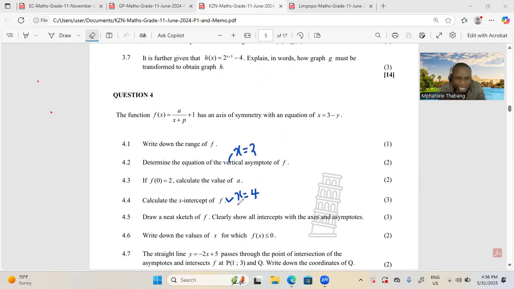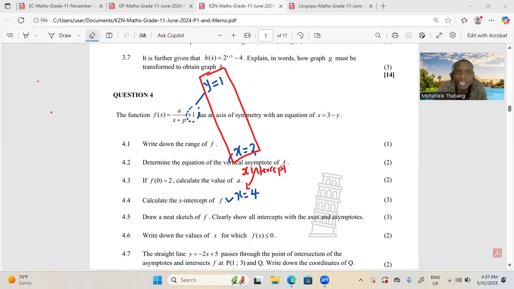And this number positive 1 gives me the y asymptote, it's 1. So I have the x asymptote and the y asymptote. These are my asymptotes: y is 1, x is 2. And x equals 4 is the x-intercept.